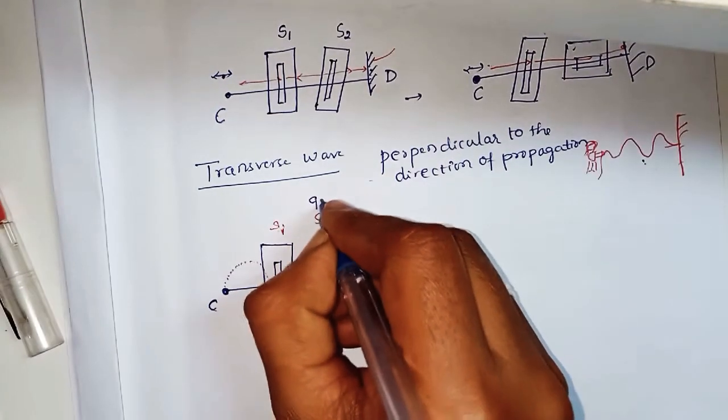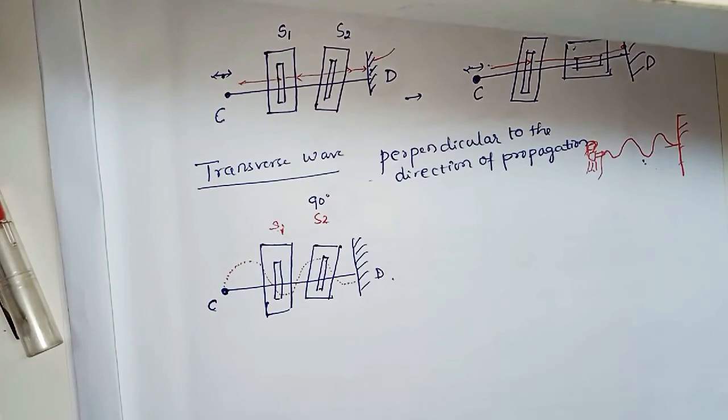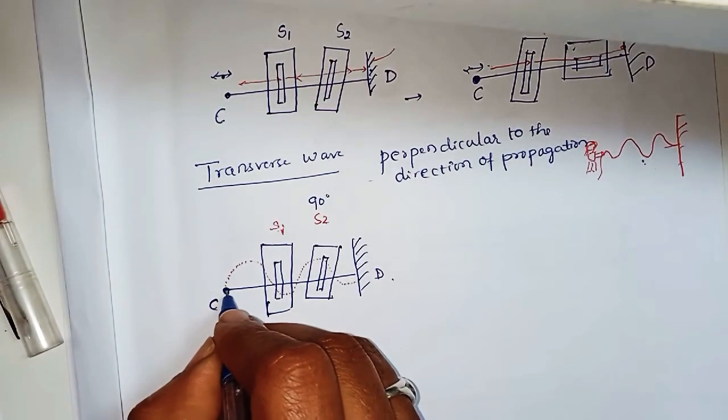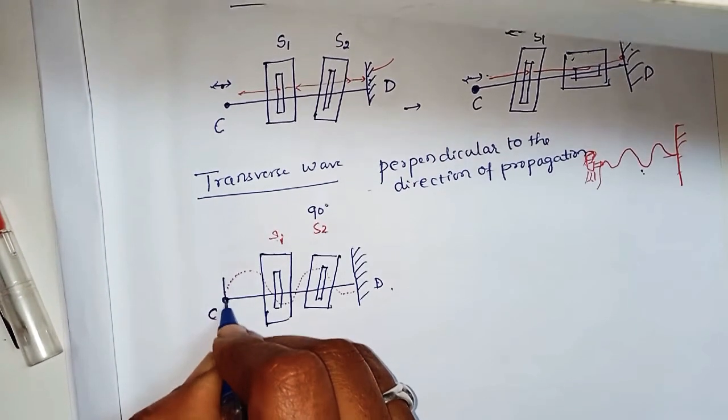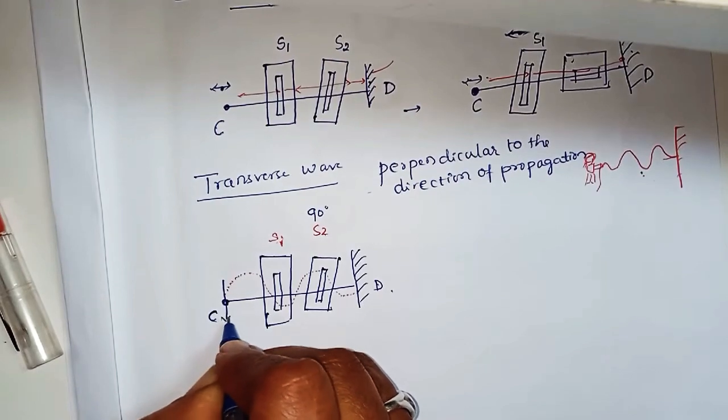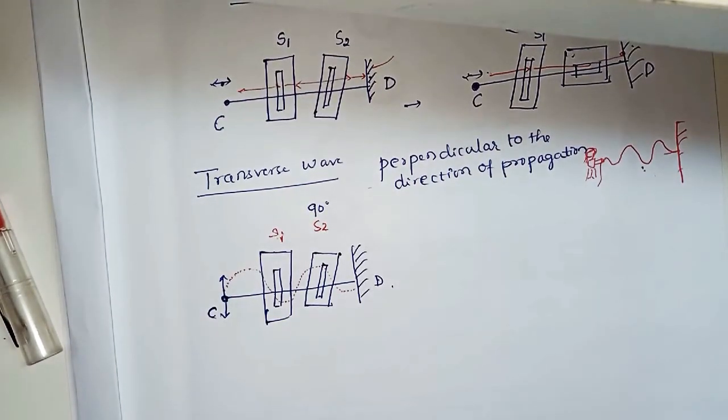Here the angle is 90 degrees. Then we have to indicate this transverse wave in this form.